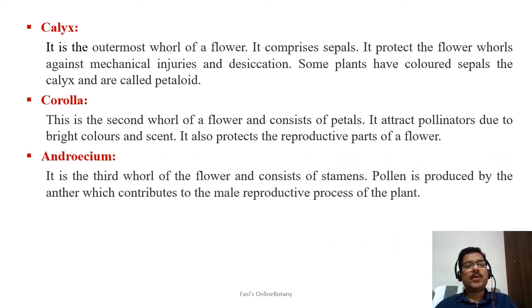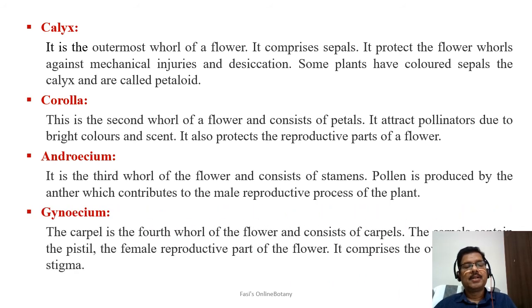Then the third whorl is the Androecium. It consists of stamens. The pollen is produced by the anther, which contributes to the male reproductive process of the plant. Gynoecium is the fourth whorl of a flower and consists of carpels.